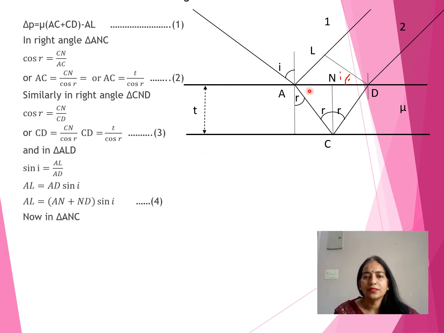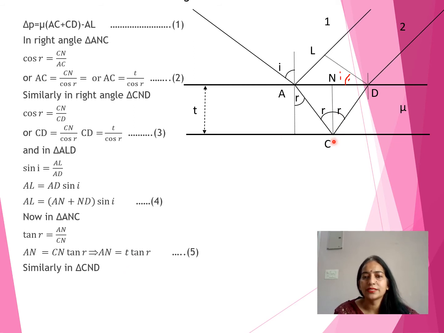Now in triangle ACN, we want to find this value. So apply tan r equals AN upon CN. So AN equals CN tan r, and we know CN equals t. So AN equals t tan r.